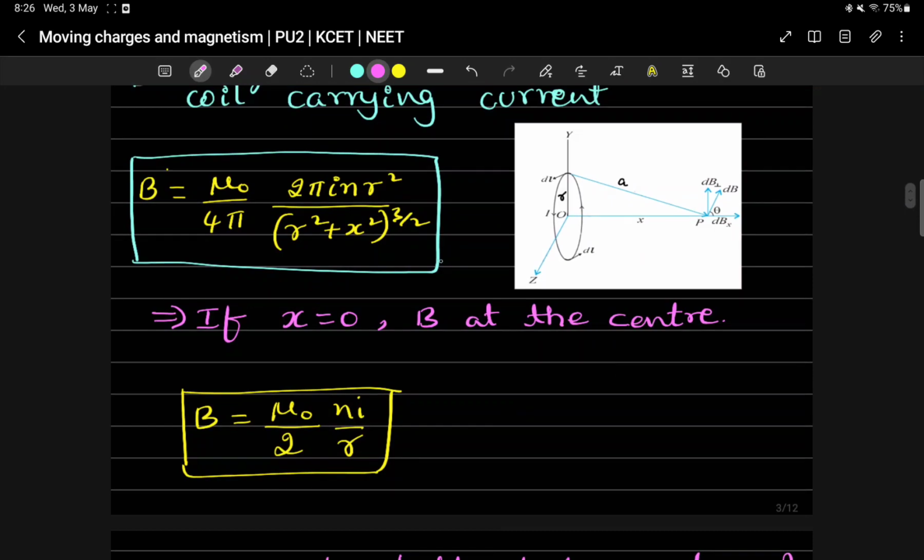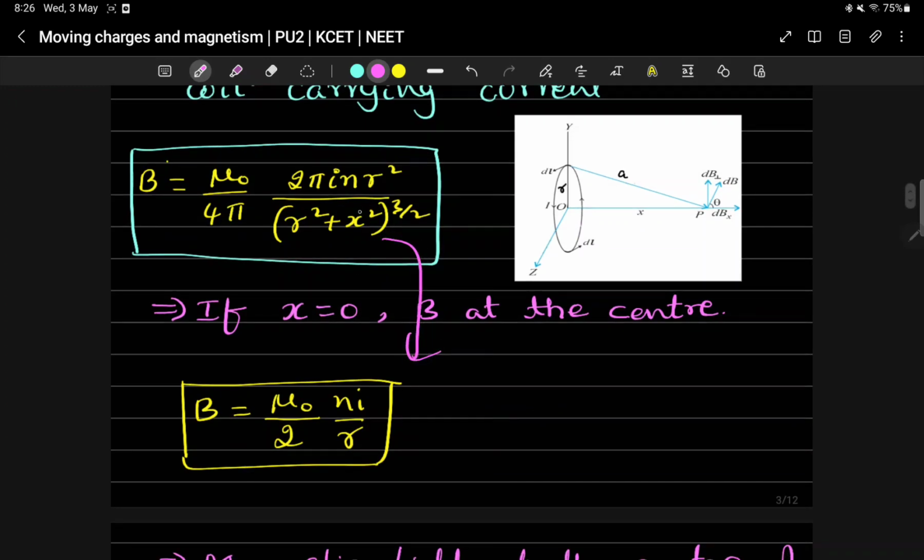And if you consider the point at the center, x value will become 0. If you bring this point to this side, at the exact center, then x value will become 0. So at the center, if you take 0 at x, the remaining you can solve.